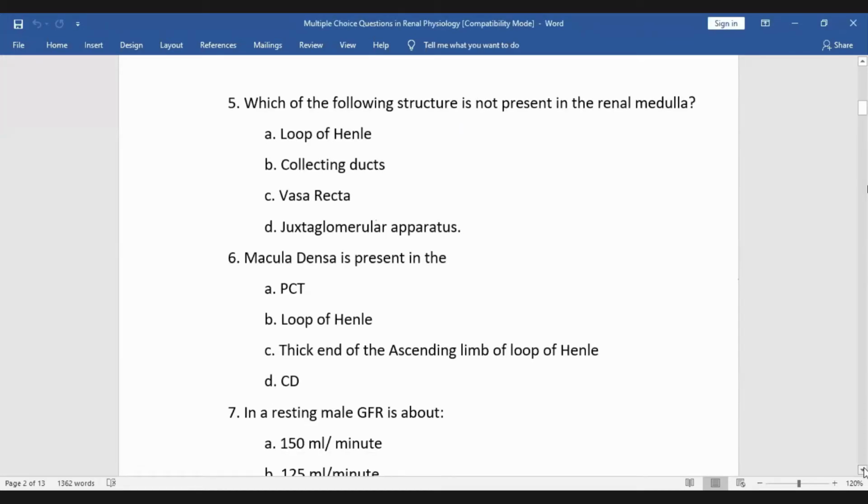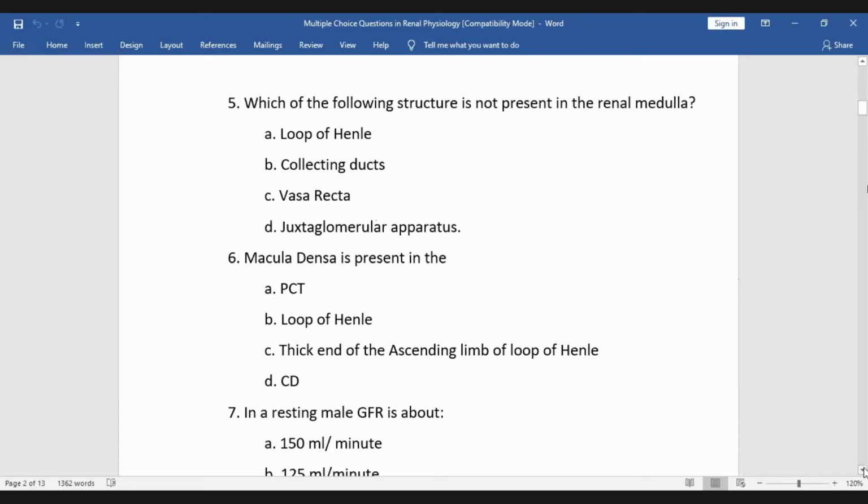Which of the following structures is not present in the renal medulla? Loop of Henle, collecting ducts, vasa recta: are they present in the renal medulla? They are present. Only the juxtaglomerular apparatus is not present in the renal medulla.